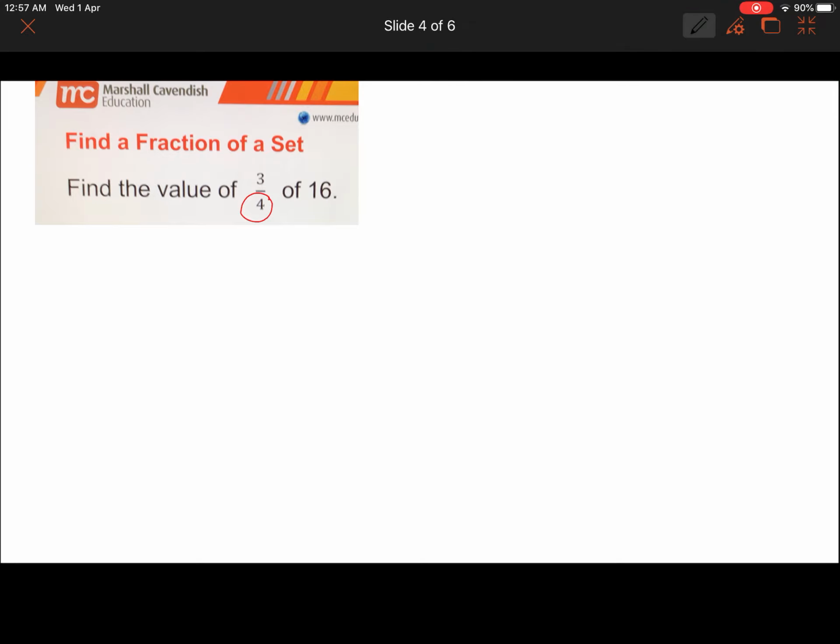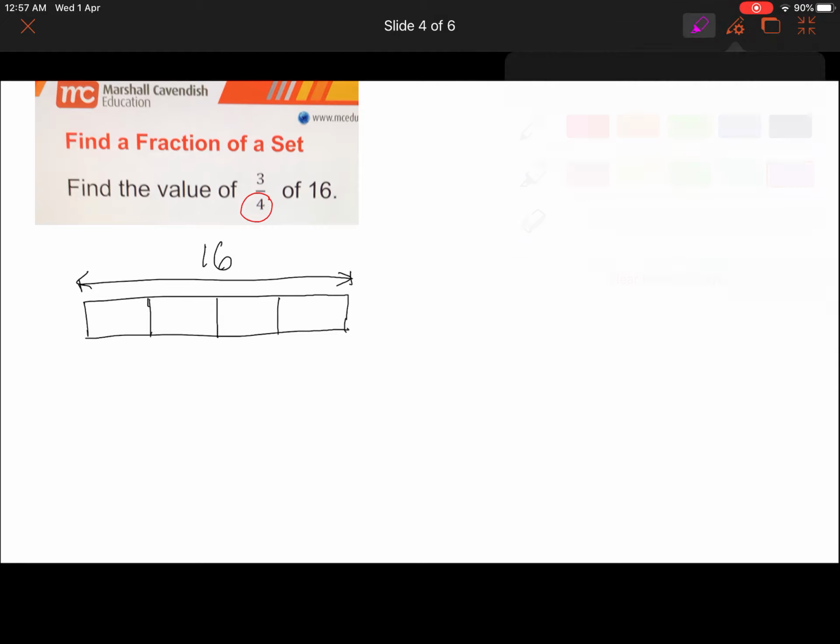That means my one whole must be divided into 4 equal parts. So this is my one whole. And this equals to 16. So 4 equal parts. Okay. So they want 3/4. So we're going to highlight 3 units.